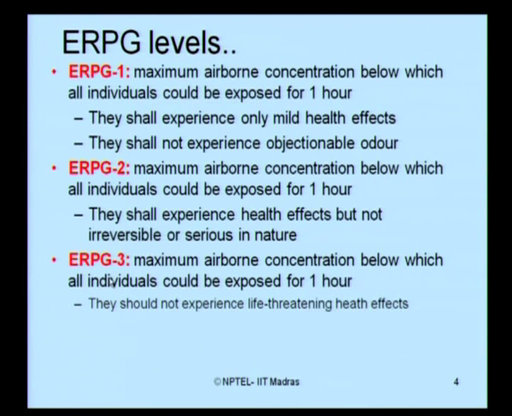Now, ERPG 3 is the maximum airborne concentration below which all individuals can still be exposed for a period of 1 hour, but without experiencing any life threatening health effects. So, they will have adverse health effects, some of them may become irreversible as well, but it should not end up fatal; they should not die basically.